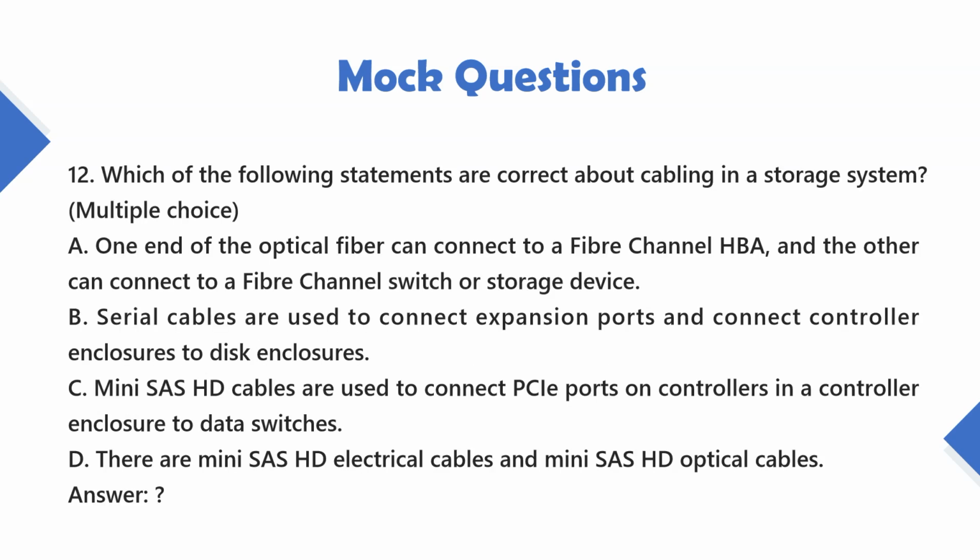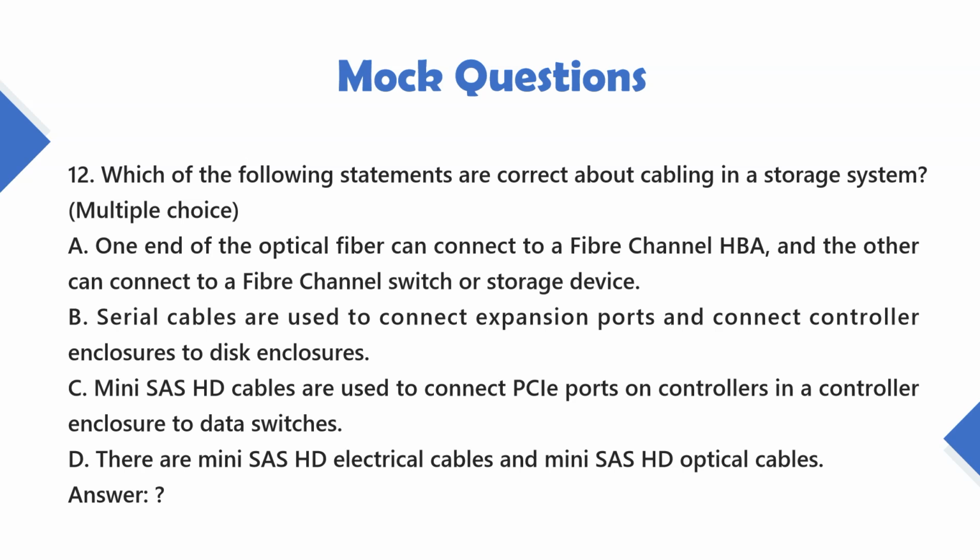12. Which of the following statements are correct about cabling in a storage system? Multiple choice. A. One end of the optical fiber can connect to a Fibre Channel HBA, and the other can connect to a Fibre Channel switch or storage device.